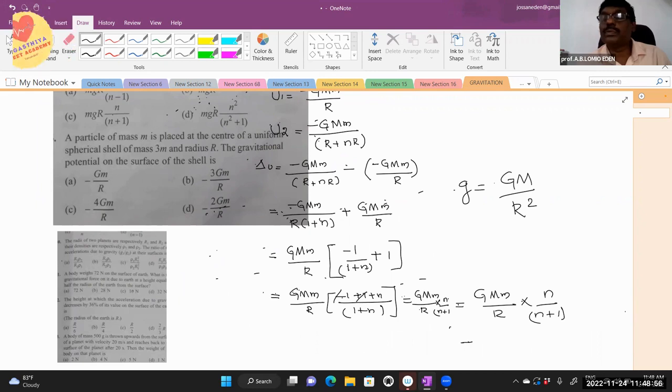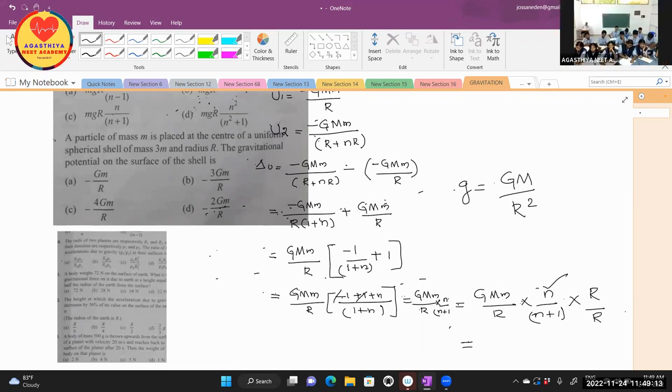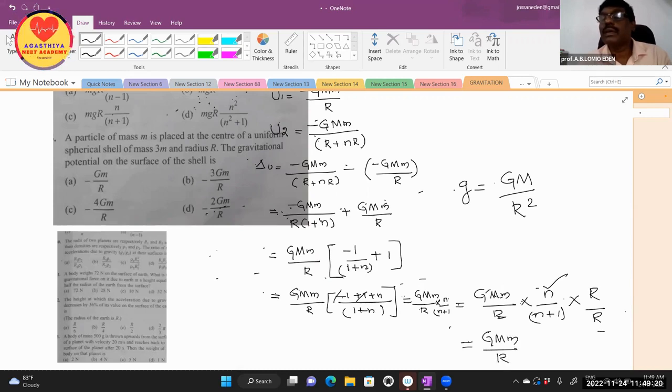So, to reach this expression in terms of g, let us multiply and divide the expression by R. So, in the denominator, this R and R becomes R squared. Okay. And then into R dividing N plus 1.